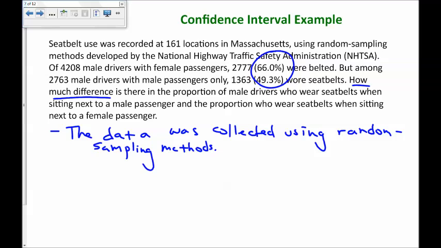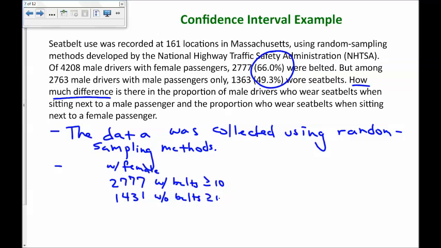And I will check the success failure condition. Just to organize my data, with female passengers, there were 2,777 with belts, which is more than 10, and 1,431 without belts, which is more than 10.